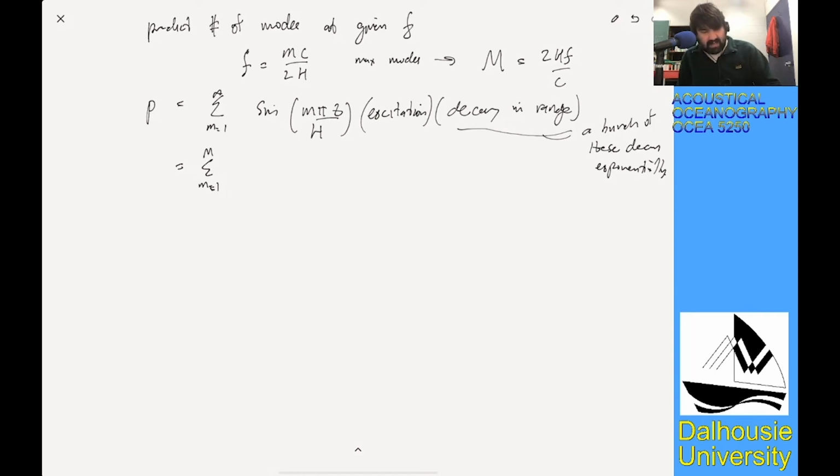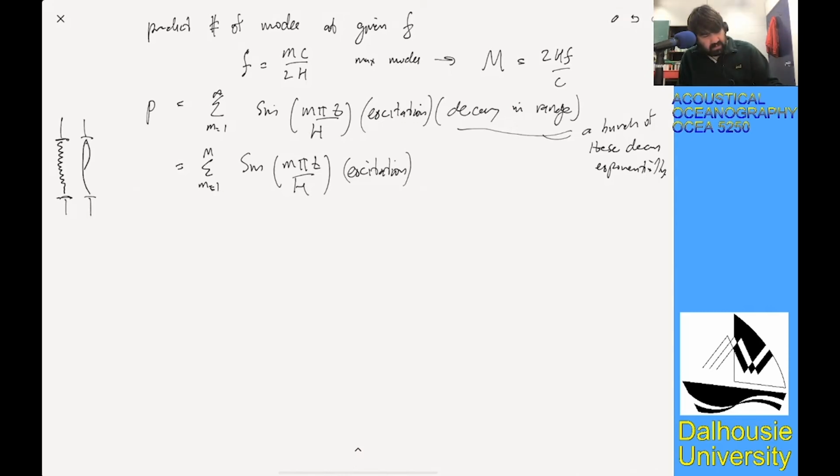Now we have this sine m pi z over h, and we have the excitation. So does that look familiar? I really think it does. We have slightly different boundary conditions here, but imagine we have a string, and the string is vibrating between two fixed posts. I think it's very intuitive that all of you would tell me, well, there are different modes that can fit on that string.